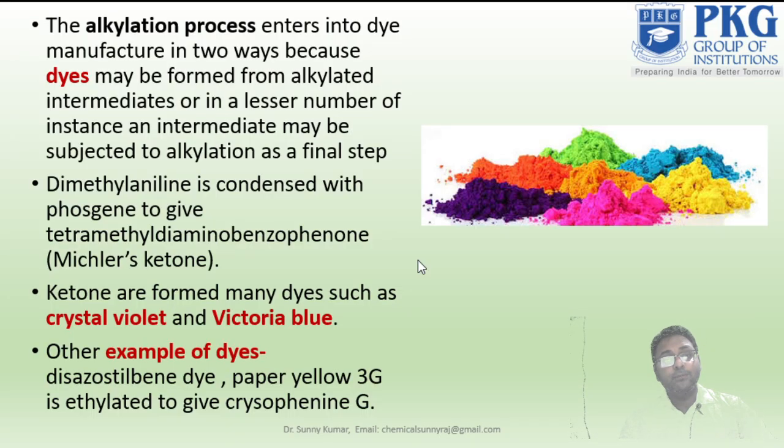And other examples of dyes are azo dyes. Paper yellow 3G is ethylated to give chrysophenine G. So these are different types of dyes we can manufacture by this alkylation process.